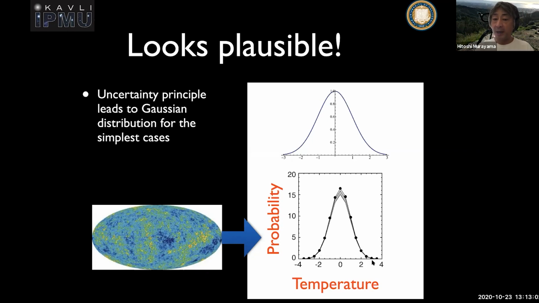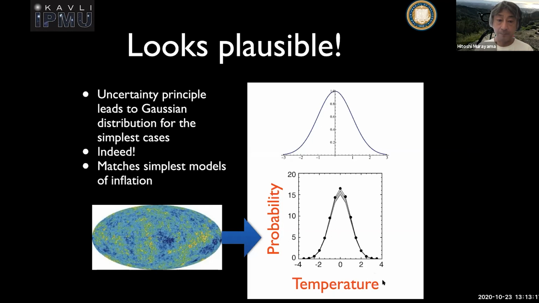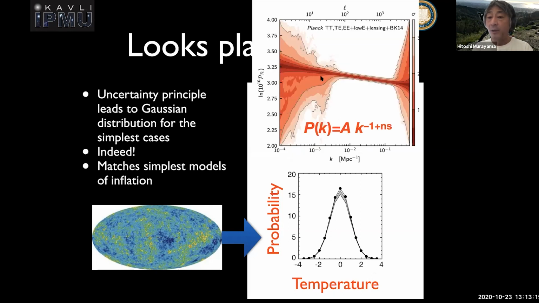So not only does this idea seem to support inflation, it actually supports rather the simplest kinds of inflationary models. People came up with all sorts of models of inflation, but the data seems to prefer really the simplest kind. And also, as I talked about yesterday, the energy of the inflation, because it keeps rolling down the hill, starts to slowly decrease as a function of time.